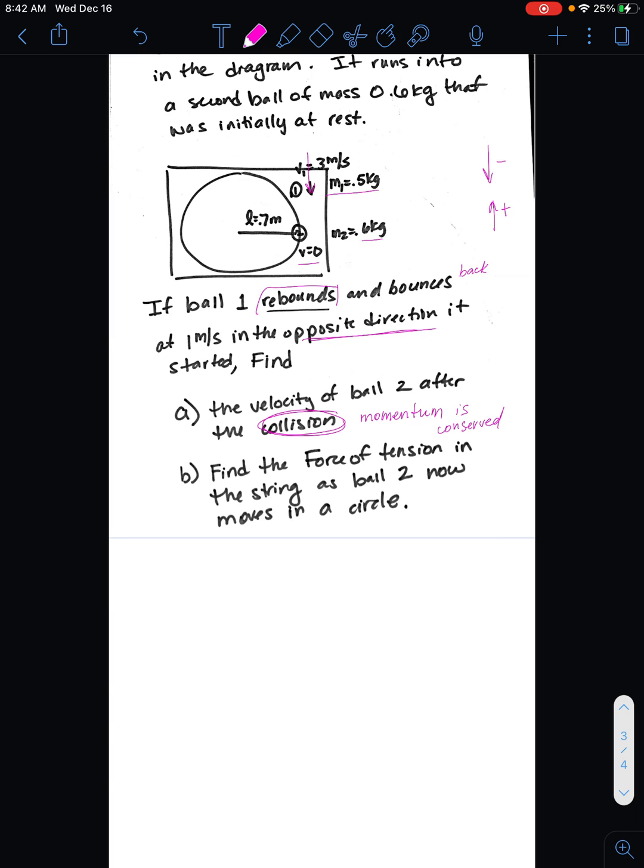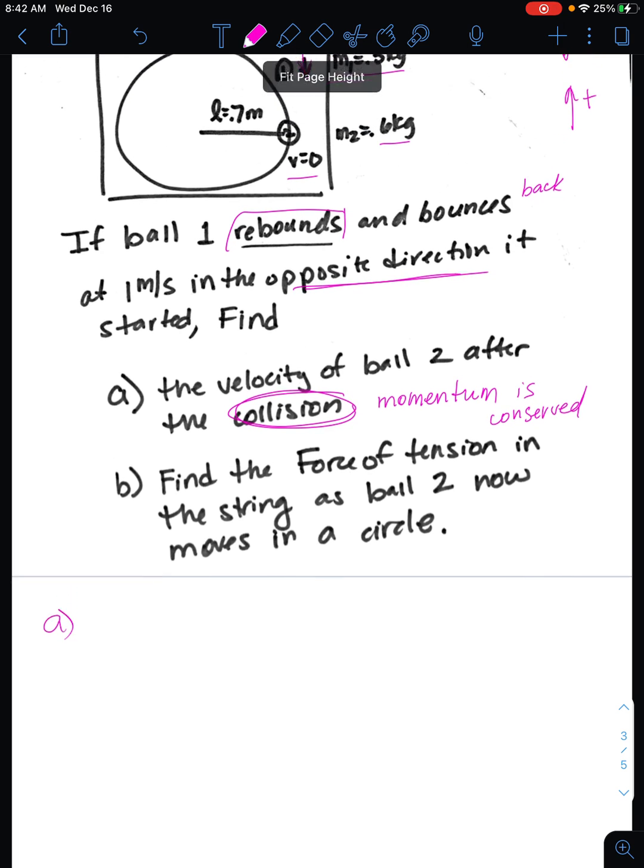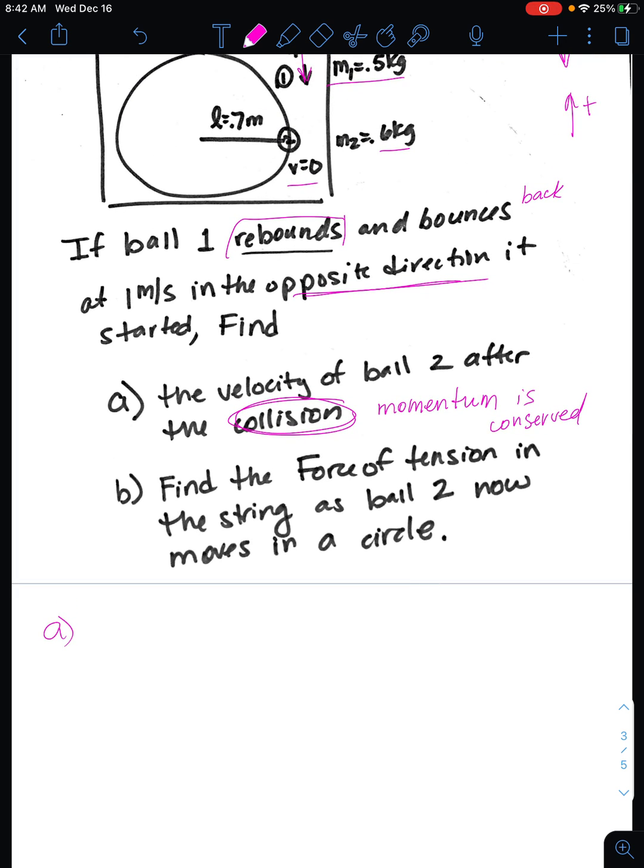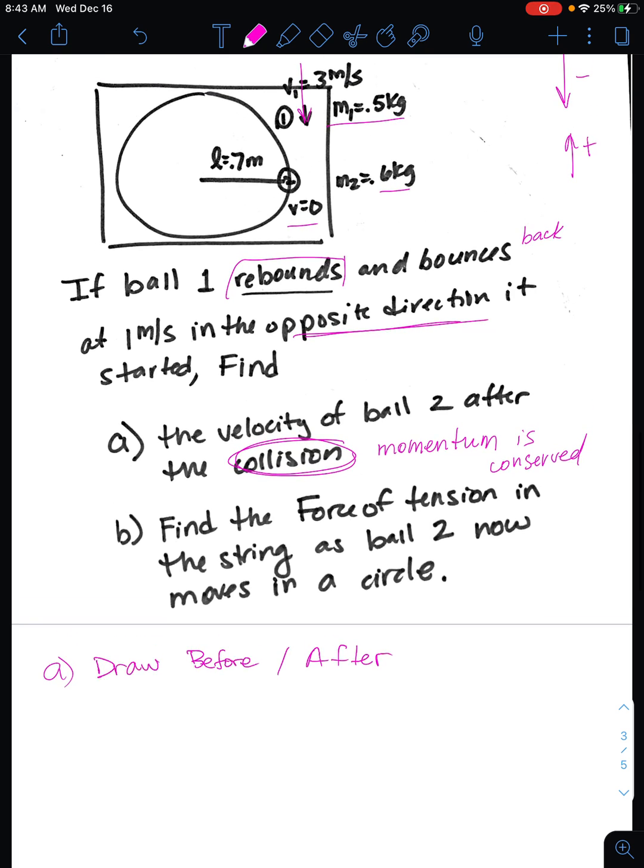So I'm going to do part A here, and whenever I'm doing this conservation of momentum problem, I'm always going to start off by drawing a before picture of what both objects are doing and an after picture of what both objects are doing. And I'm going to put arrows on it to help me with my signs.